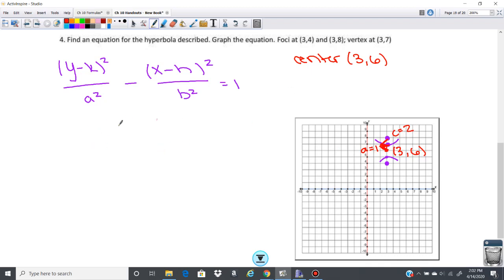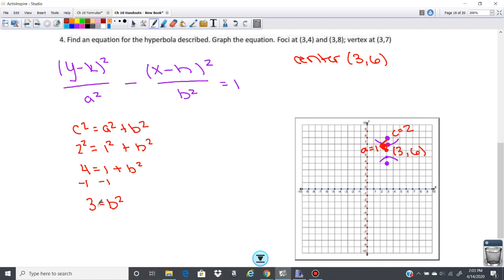So I'm going to use c squared equals a squared plus b squared. That's what's going to go along with the hyperbolas. Let's see, c is 2, so 2 squared equals 1 squared plus b squared. So 2 squared is 4, 1 squared is 1. If I subtract 1 here, I'm going to get 3 is b squared.